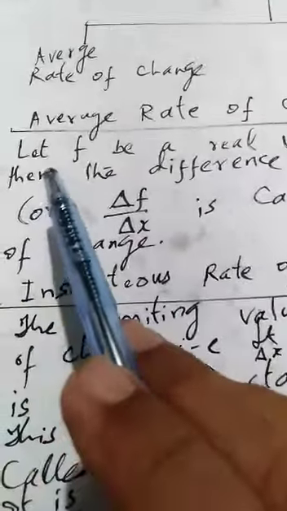Average rate of change is defined as, let f be a real valued function.